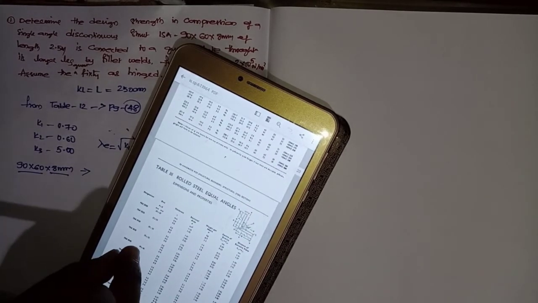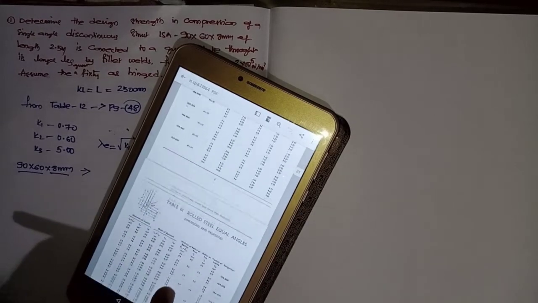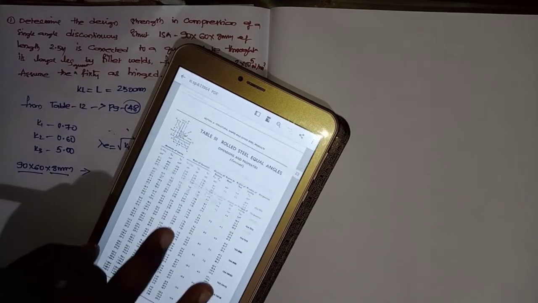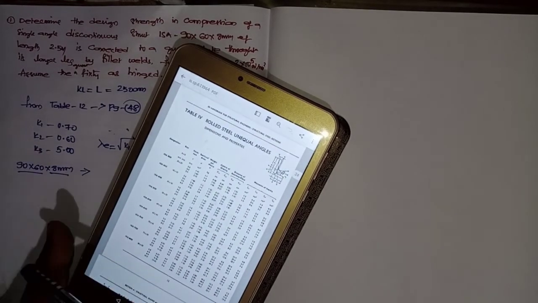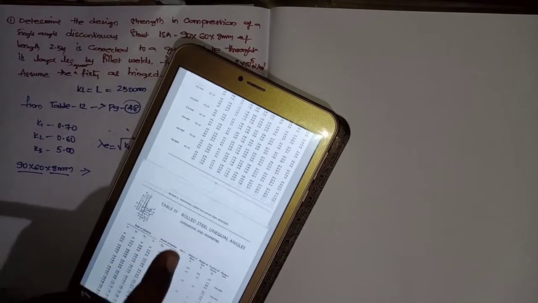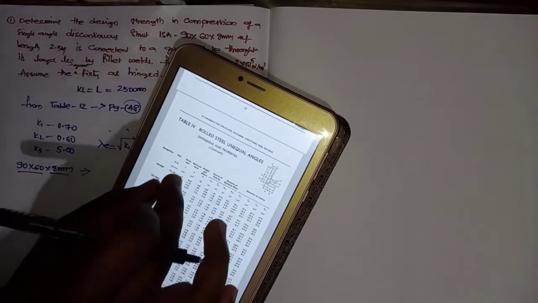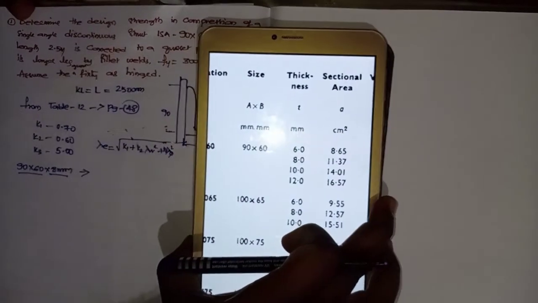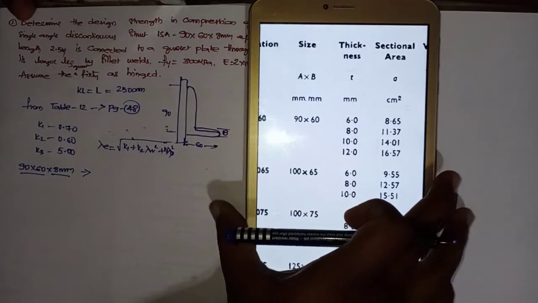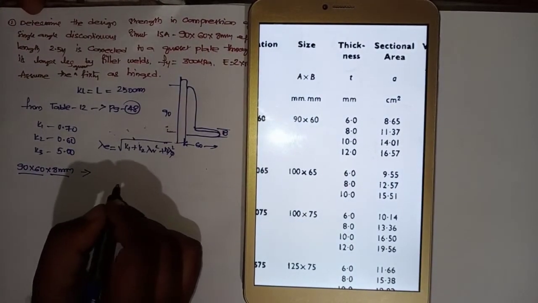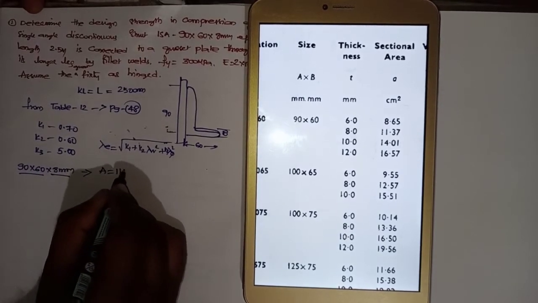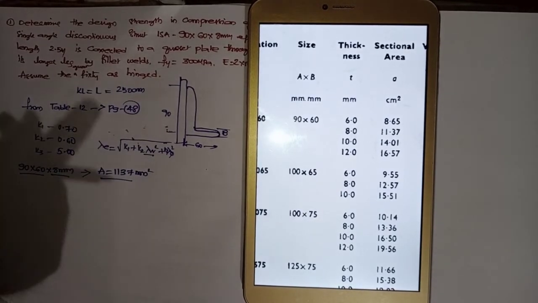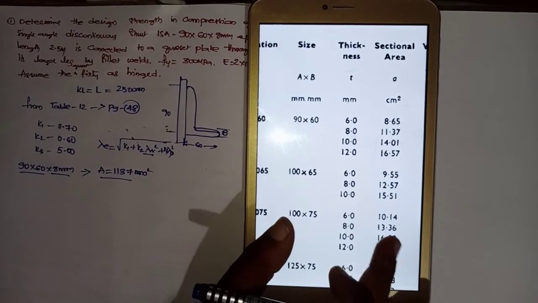We require unequal angle. Yes, unequal angles. What is the size? 90 by 60 by 8 mm. What is the area of that 90 by 60 by 8 mm? Area equals 1137 mm square. Now while calculating lambda Vb, you want RVb, that is the minimum radius of gyration.